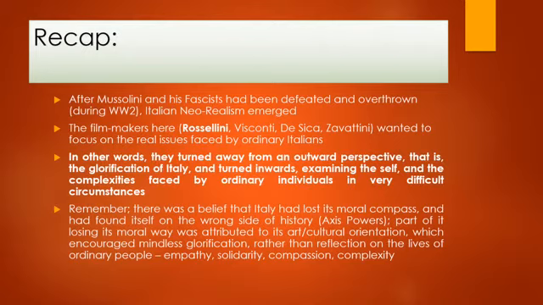Because of the Italian art and society and cinema in general that just encouraged this mindless glorification. There was no reflexivity, and because there was no reflexivity, these guys had found themselves on the wrong side of history. So what the neorealists always aimed for was the opposite of that. It was looking at ordinary people and trying to do that with empathy, solidarity, compassion, and complexity.